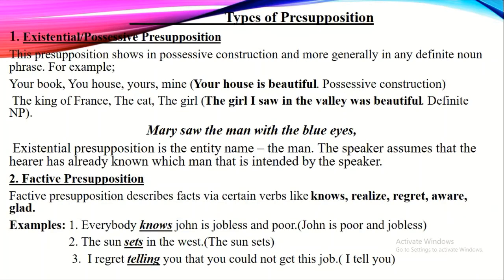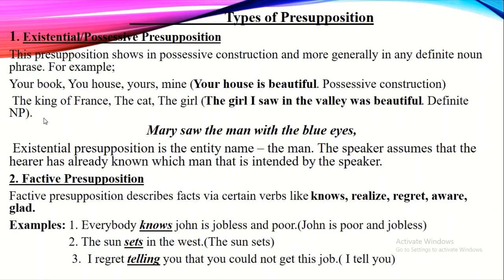The second type of presupposition is existential or possessive presupposition. This presupposition shows in possessive constructions and more generally in definite noun phrases. For example, your book, your house, yours, mine. "Your house is beautiful" is a sort of possessive construction.